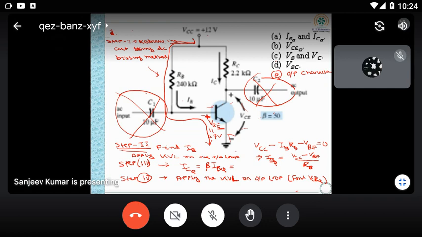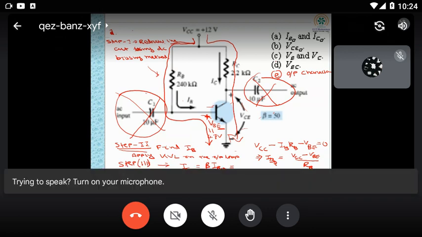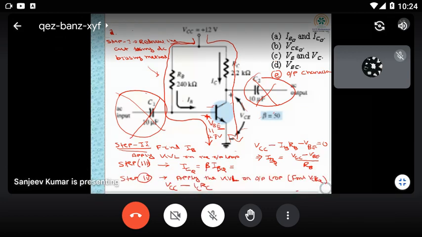Now this is supply voltage and this is your ground. So supply voltage VCC minus IC RC minus VC is equal to 0. Now VC is equal to how much? VCQ is equal to VCC minus ICQ and RC.